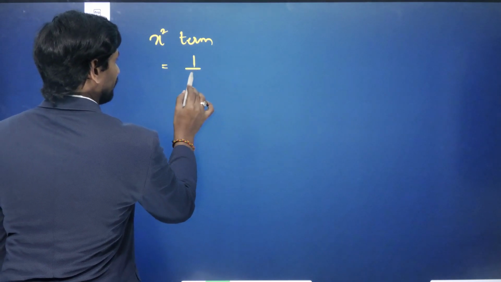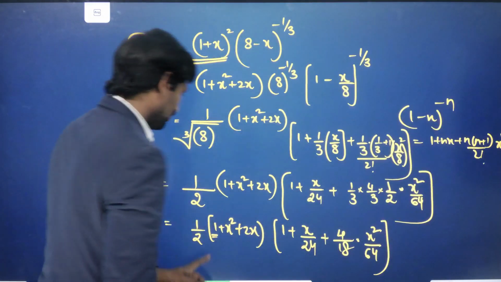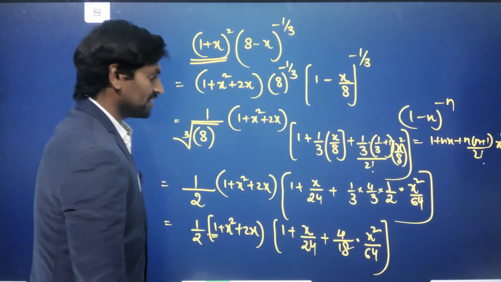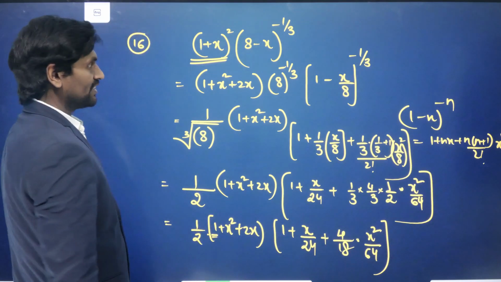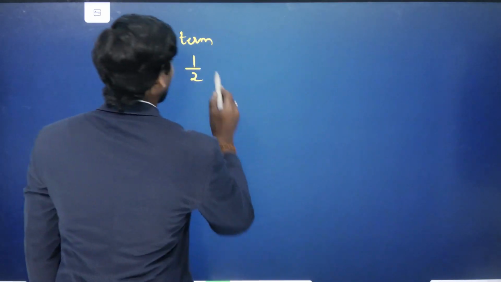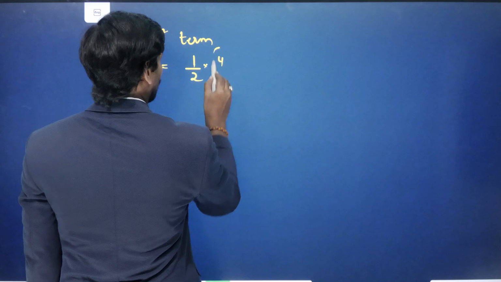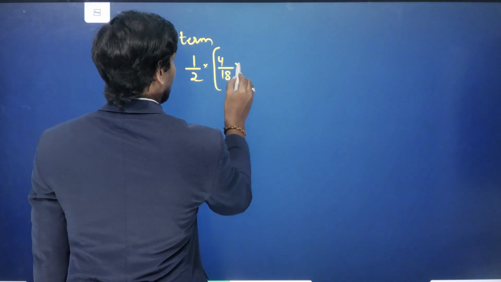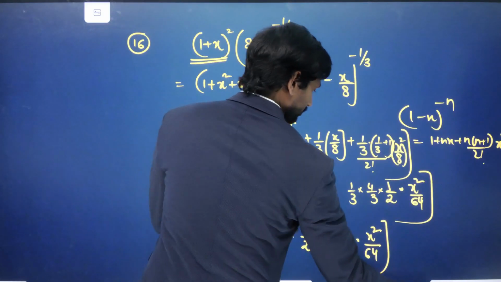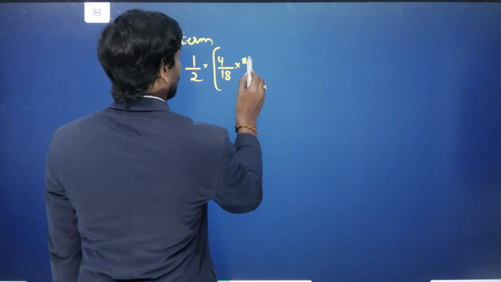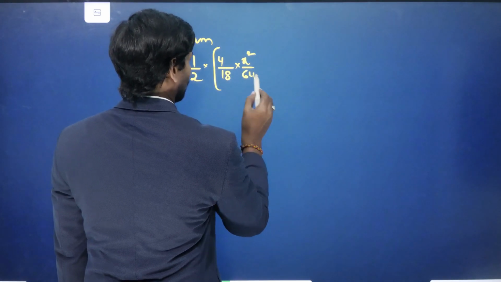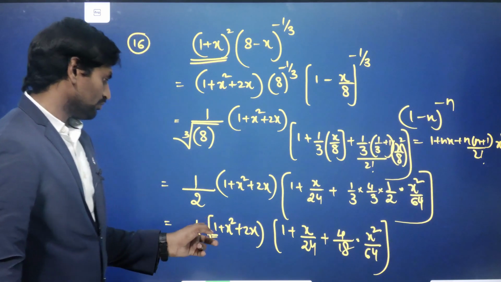For everything 1 by 2 is a common term. Now 1 into your square number, that means 4 by 18 into x square by 64. So with 1 completed.